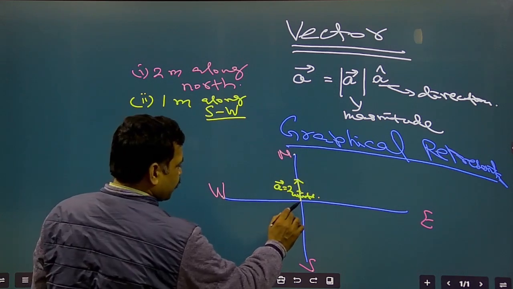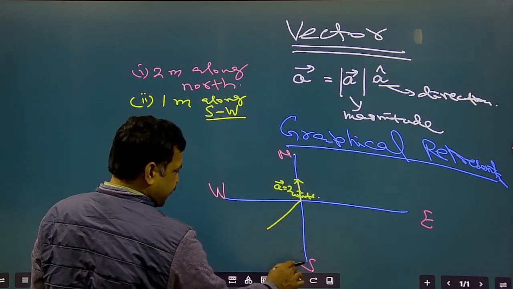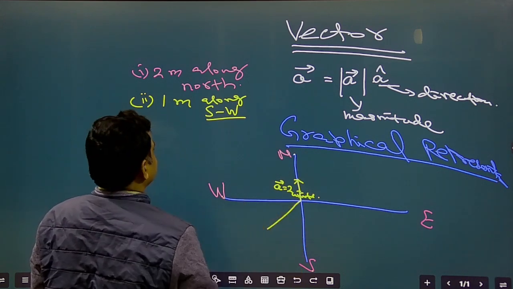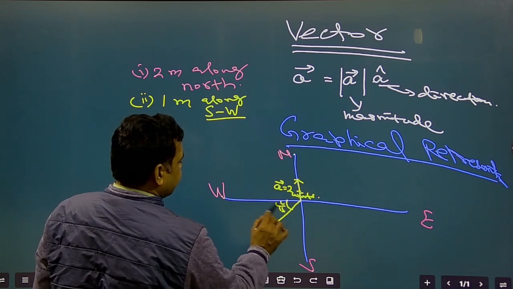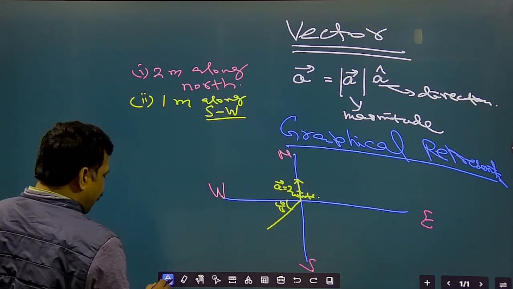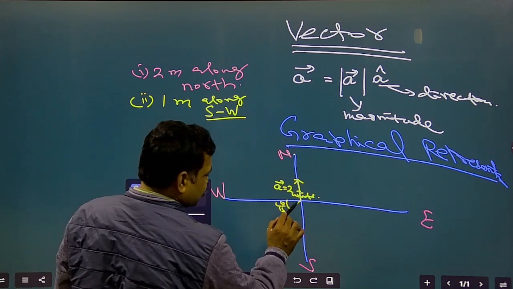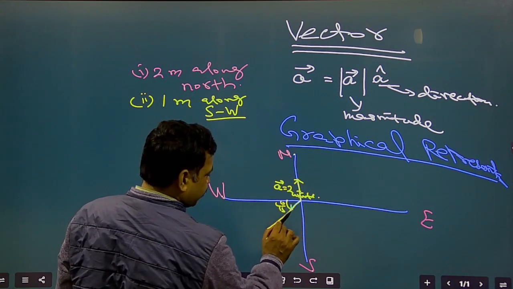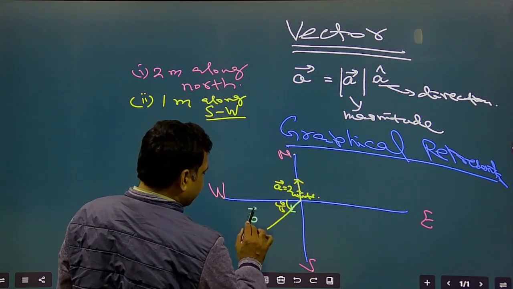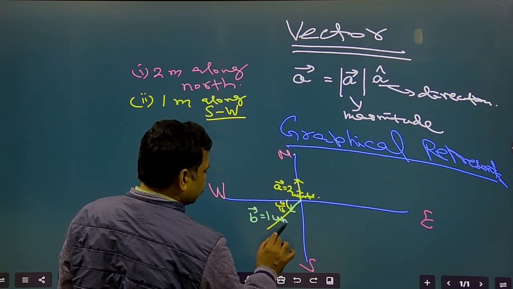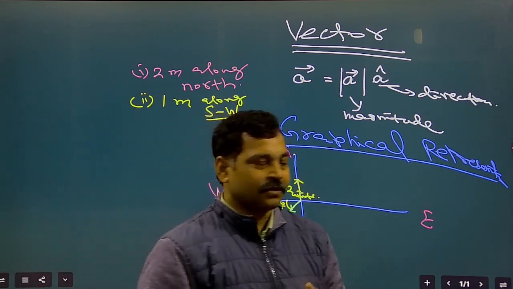So this will be 45 degree, whether it makes it with the y-axis or with the x-axis. So this is a 45 degree angle, right? And here the magnitude is 1 unit. Comparatively this is 2, so this will be your 1, right? I will write this as a B vector, its magnitude is 1 unit. So this is the type of representation.